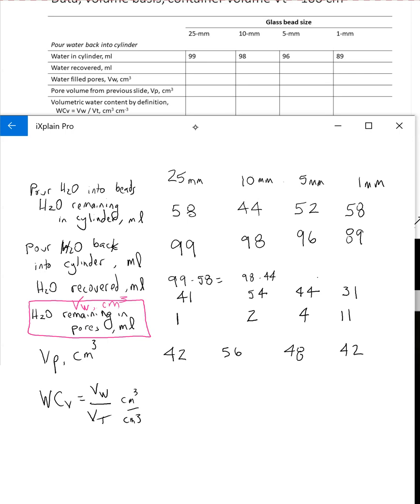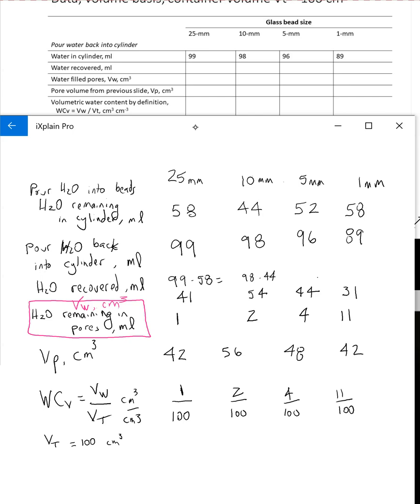So what do we end up with? In this case, the water that was remaining in the pores is 1, and we're dividing it by 100, which was the total volume, in cubic centimeters. In this case, we have 2 divided by 100, 4 divided by 100, and 11 divided by 100.